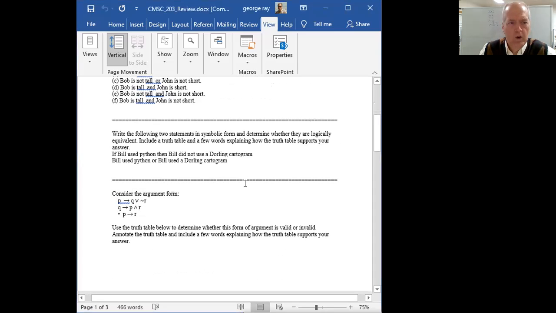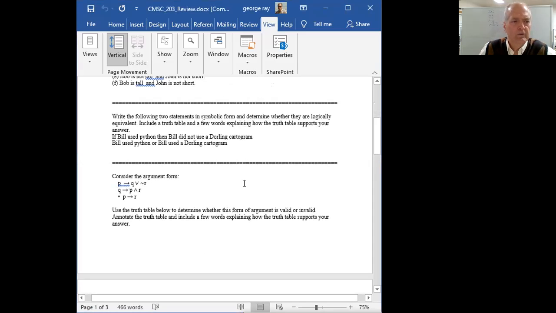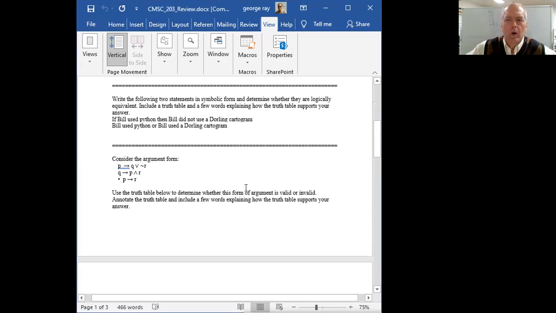Okay, let's go on to question 4. Write the following two statements in symbolic form and determine whether they are logically equivalent. Use a truth table and give an explanation.